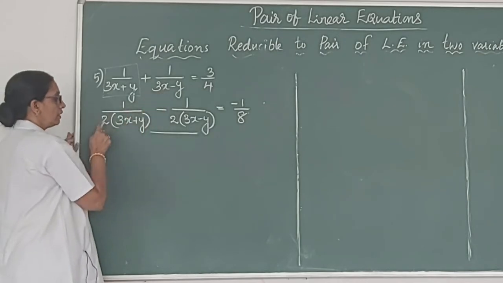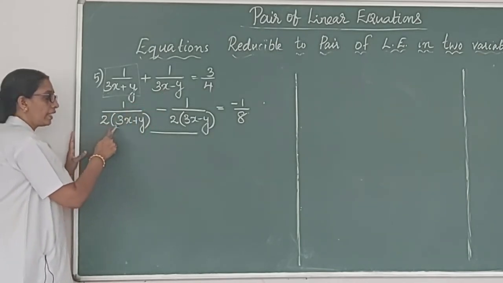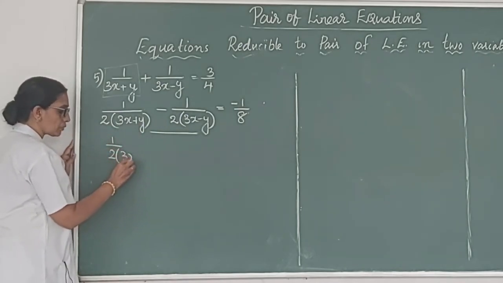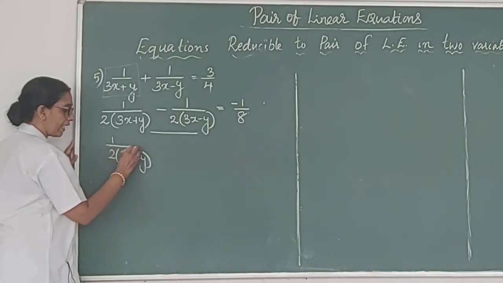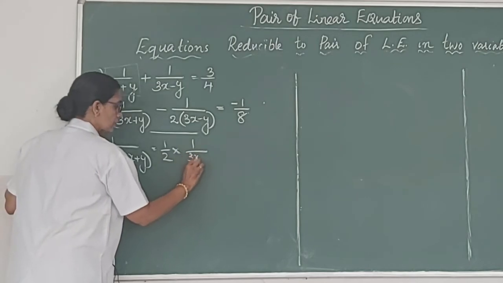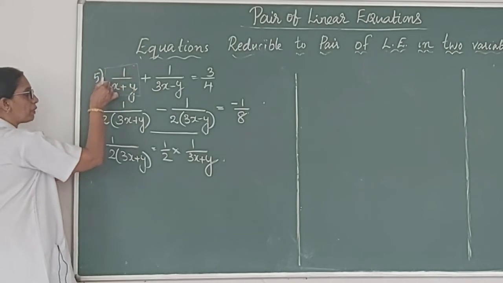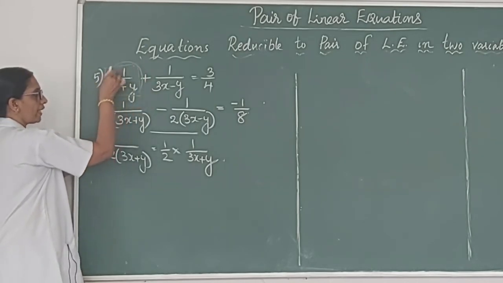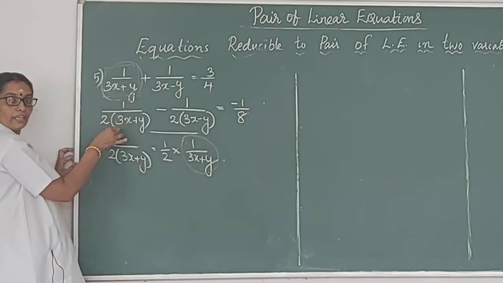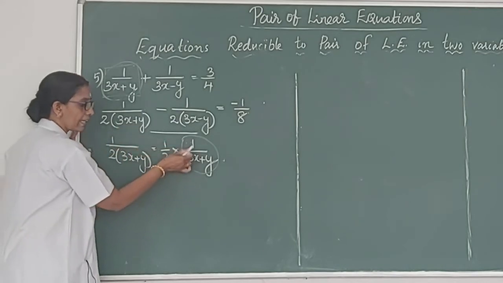And here what is the variable part? It is 1 by 2 into 3x plus y. 1 by 2 into 3x plus y can be written as 1 by 2 into 1 by 3x plus y, isn't it? So, here also the variable part is 1 by 3x plus y and here also 1 by 3x plus y. Okay. So, we have to give substitution for 1 by 3x plus y.